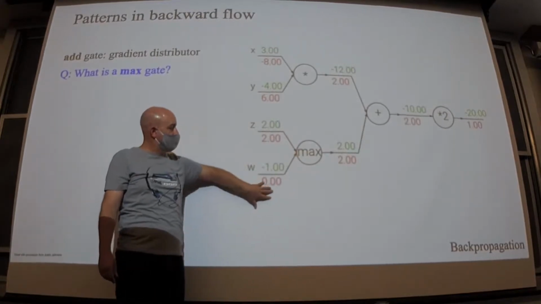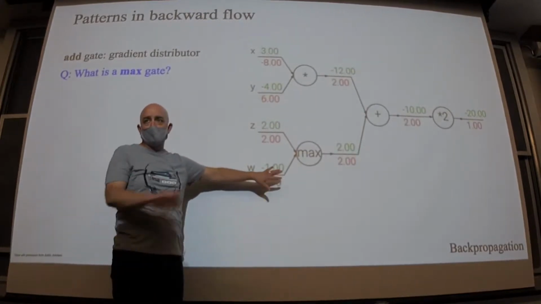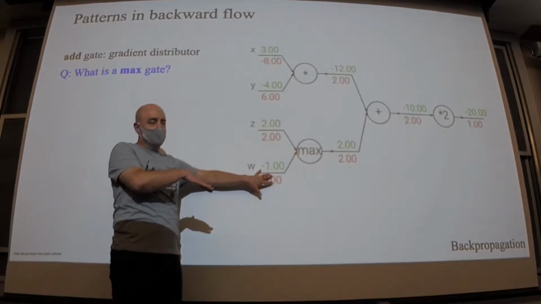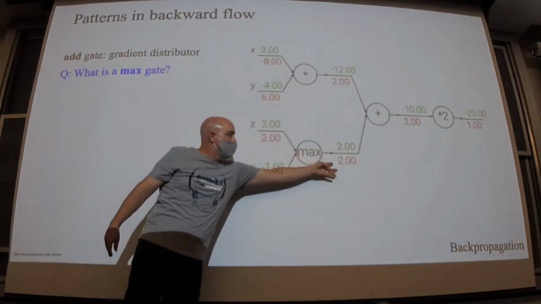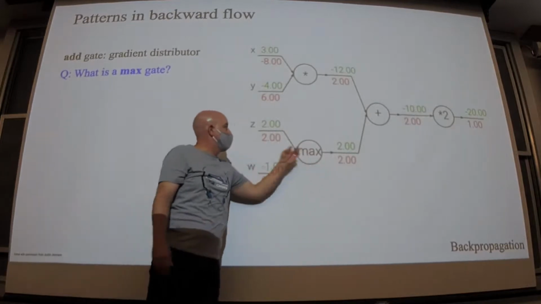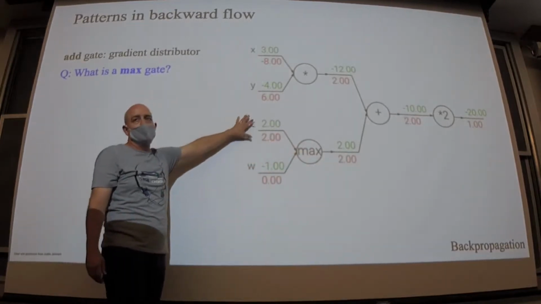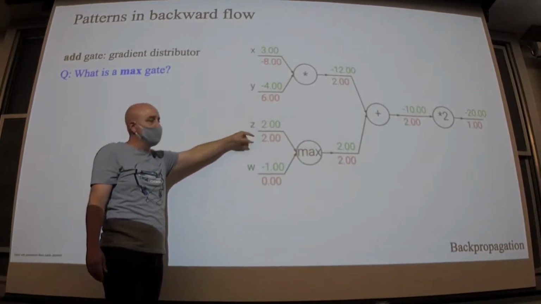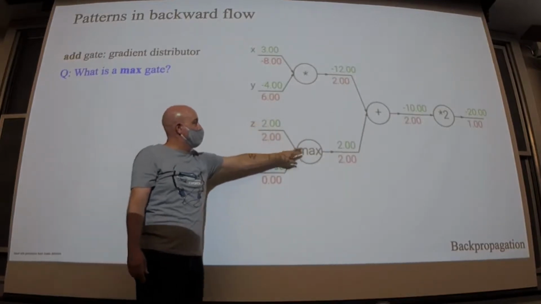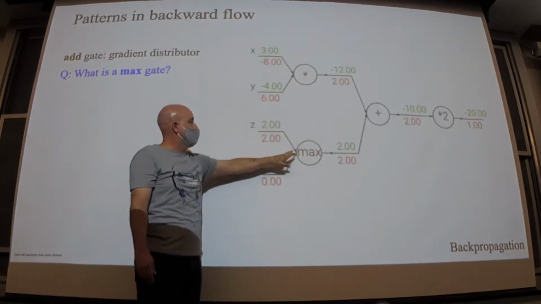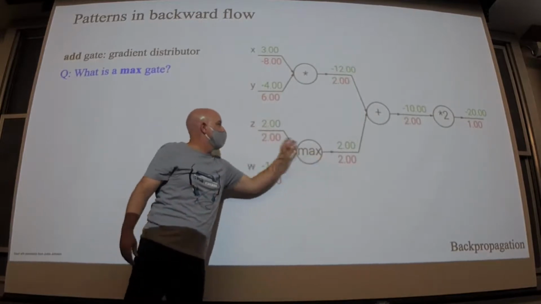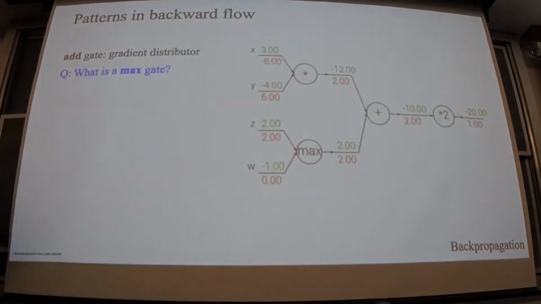So we get a 0 for the smaller value in the max, and we just take whatever this gradient is, and because this is a linear function, the derivative is 1 with respect to the larger parameter, so we have 1 times that until we get 2 again. So what's the max gate? It's just routing the gradient to the larger of the values. And if it was a min, you'd be routing it to the smaller one.